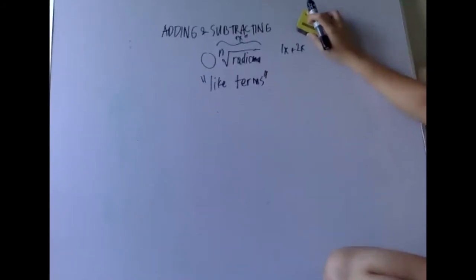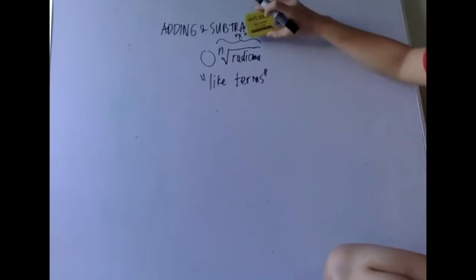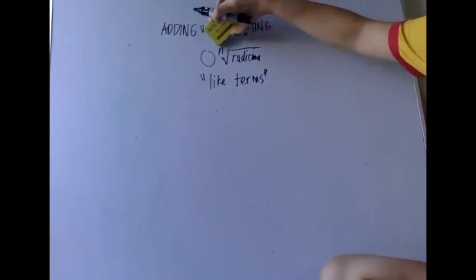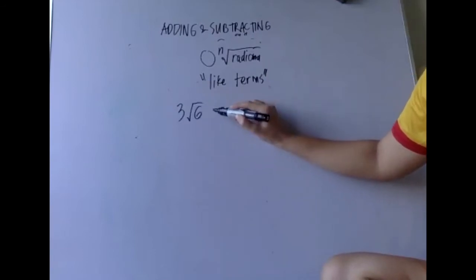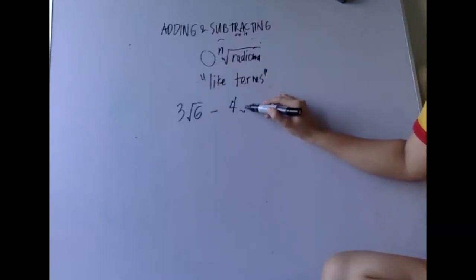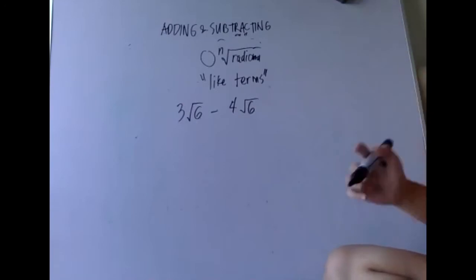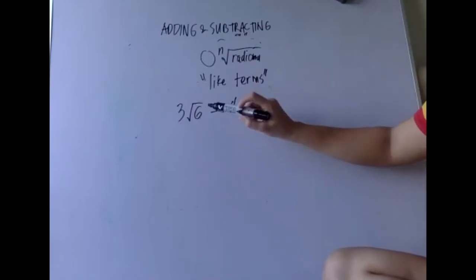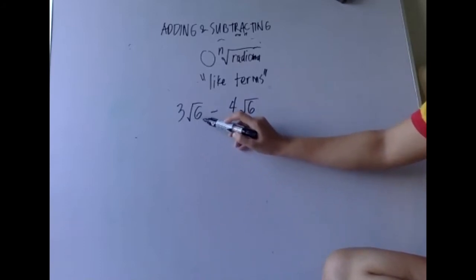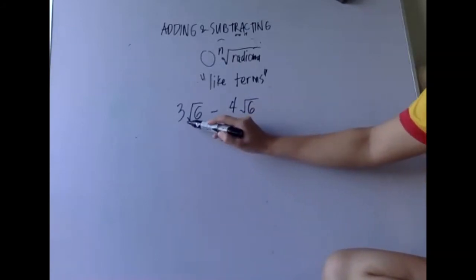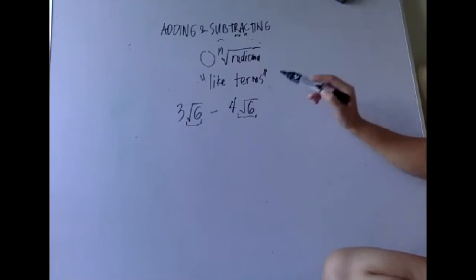For example, if we have 3 square root of 6 minus 4 square root of 6. Okay? How do you subtract these two? Pareho ka ng index, parehong square root lang yan, and then pareho ka ng radicand na 6. So essentially, may common factor sila na square root of 6.